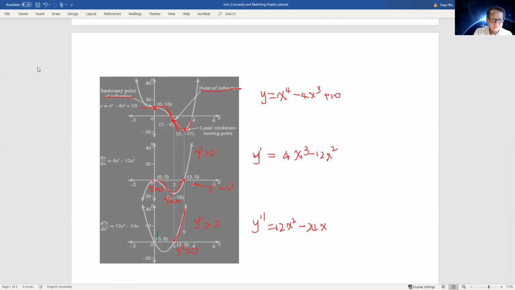And again, this section here is y dash less than 0. So the graph goes down. And if you look at this one, this is another y double dash equal to 0, second derivative equal to 0. So if you go up, and this here is a stationary point. So whenever y double dash equals 0, the original function will be an inflection.